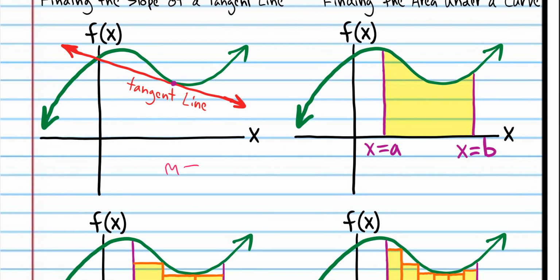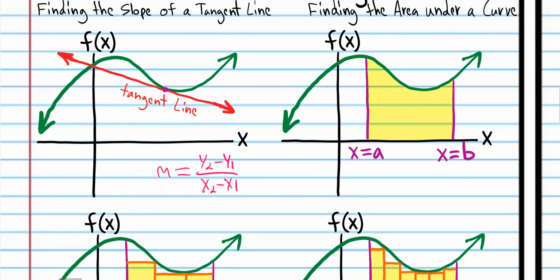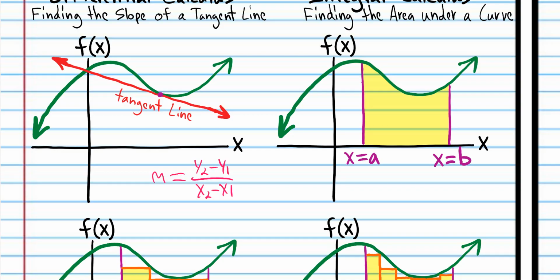And let me show you a little bit about why they suspected. If we wanted to find the slope of this red line, and let's say we had 2 points on the line, the purple and the blue point, we could use this formula to find the slope of the line. And again, that's differential calculus. That's the derivative, is the slope of that red line.